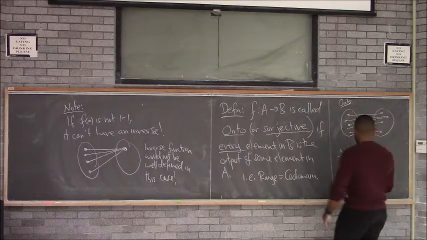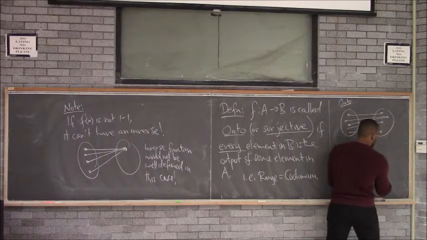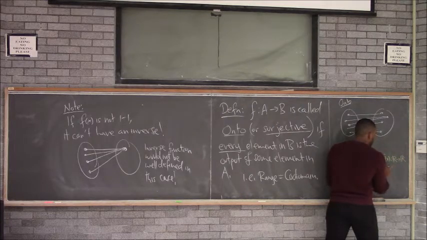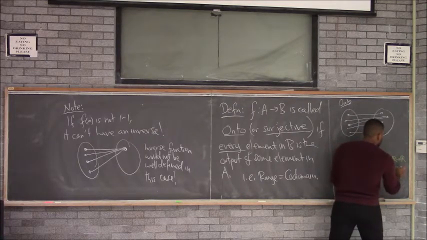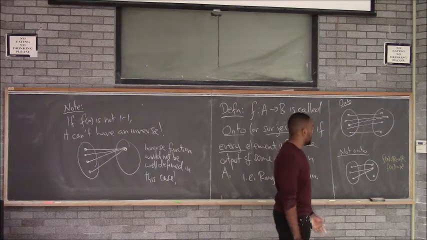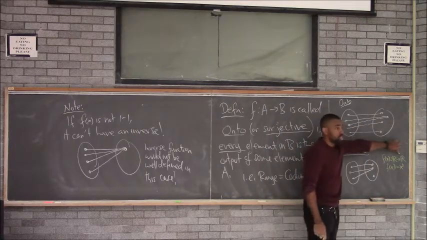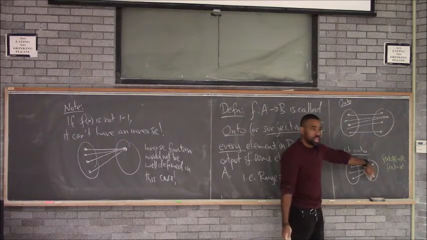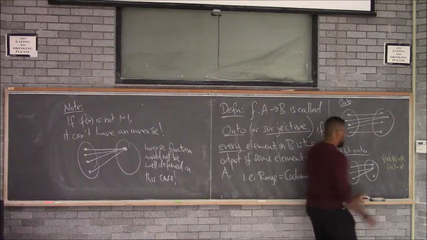So an example here is y equals x squared. If I think of f with domain R and range R, and I think of it as f of x equals x squared, then that's not going to be onto. How do I know? Because the real numbers include all negatives, none of the negatives will get hit, right?